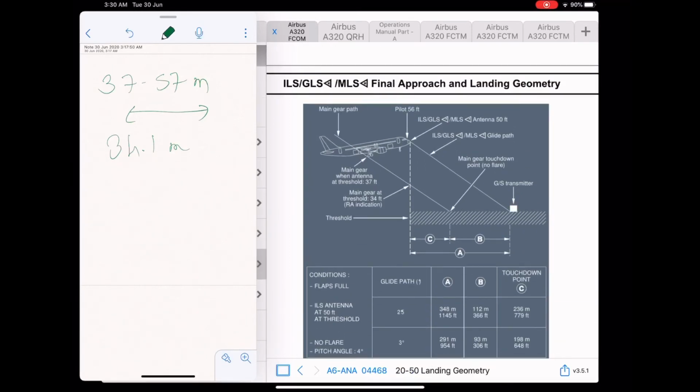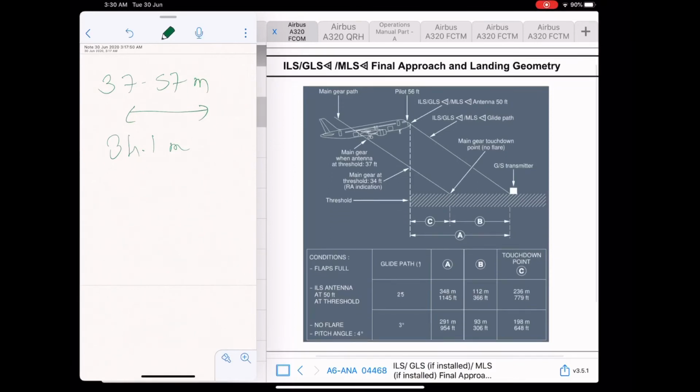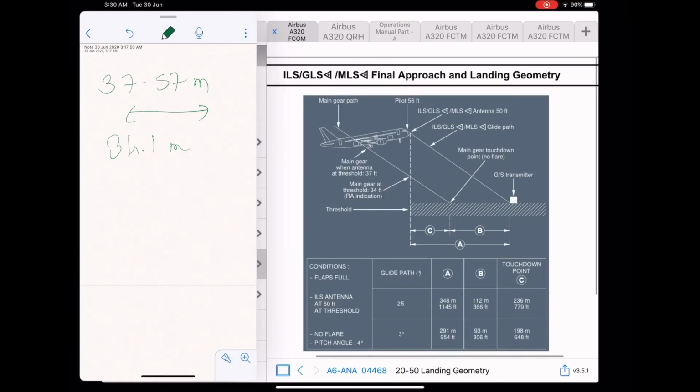It is measuring the distance between the ground and the landing gear at different phases of the final approach, and where exactly you would land in terms of the touchdown area, and the points A, B, and C. C is your touchdown zone, where exactly you're supposed to be landing. B is the distance from your touchdown until the glide slope transmitter, and A is the entire distance from the beginning of the runway until your glide slope transmitter.